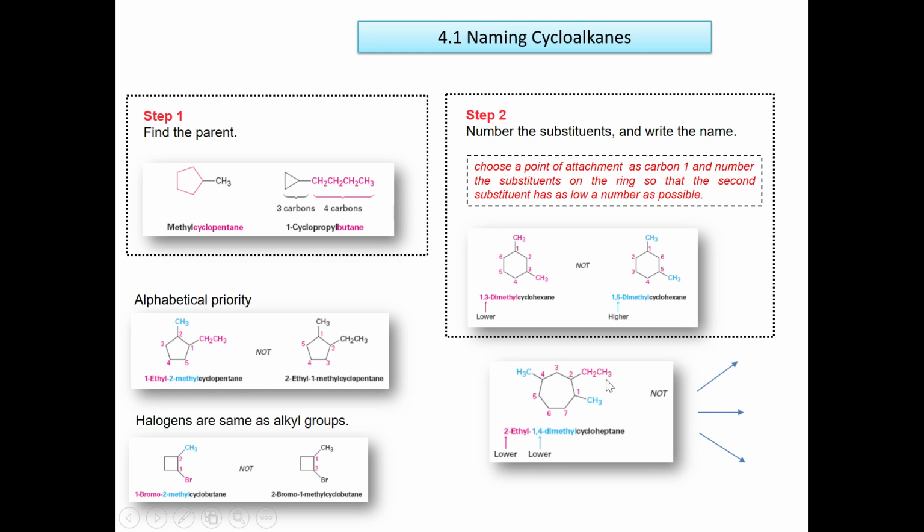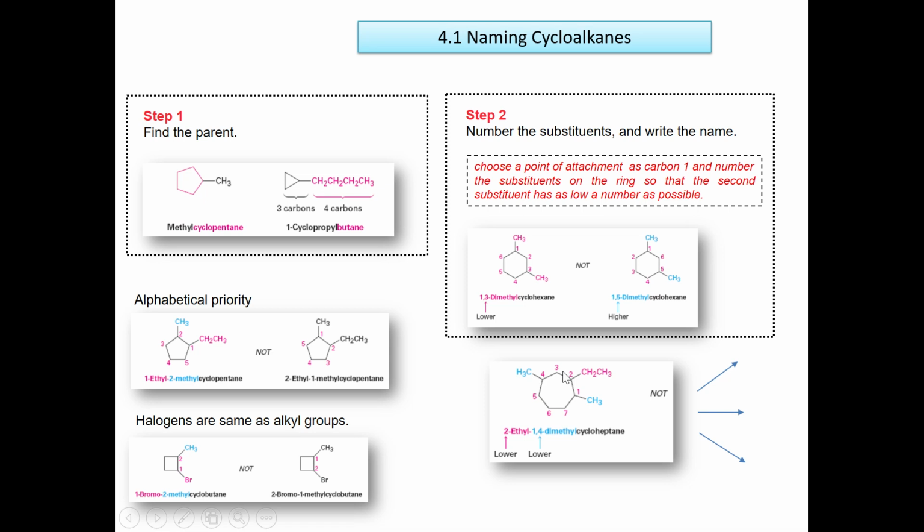Take this example. We have 4 substituents. We have 2 methyls, 1 ethyl, and a 7-member ring. By priority, the number 2 must be the ethyl, and the number 1 we put in this methyl because it gives the lowest numbers possible. 1, 2, 4.